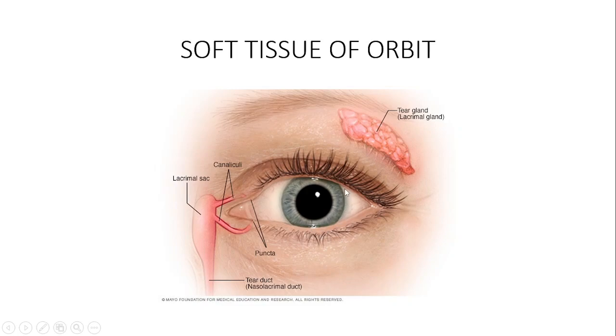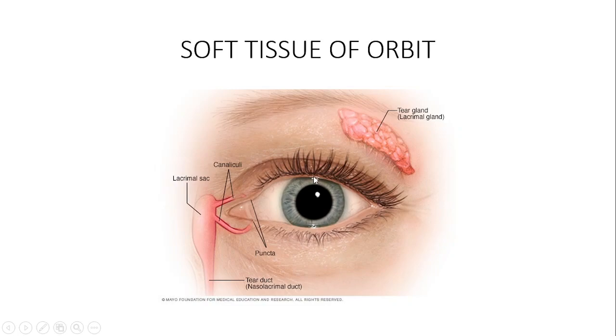The upper lid should lie in young people at the superior limbus, but as we age, it's normal to find it 1.5 or 2 millimeters below the superior limbus.